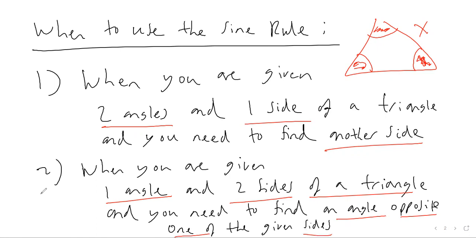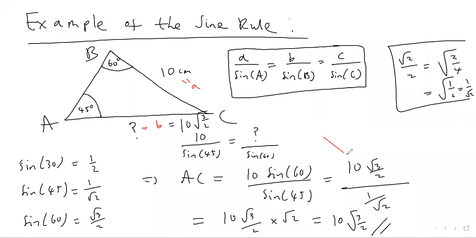For example, if you've got a triangle like this, and you know one angle there, and you know this side there and that side there, let me do the y down here, so we know the opposite side there, we know a side there, we can use the sine rule to work out the angle there, the angle opposite the x there. So that's how you can determine when you can use the sine rule. And this was just an example of how you can actually apply the sine rule in a real example.